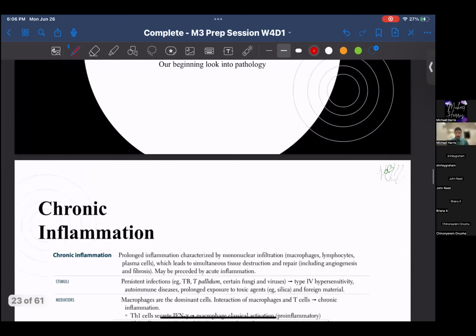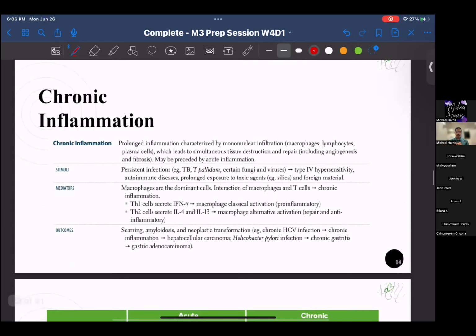All right, good. So once again, since this is chronic, make sure you remember acute is neutrophils, chronic is lymphocytes and macrophages. That's the big difference between acute and chronic.